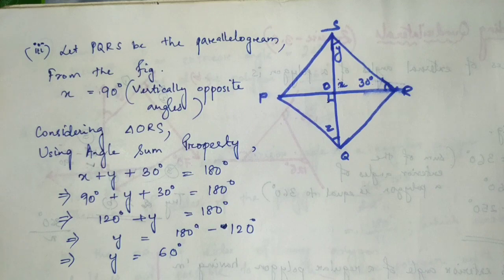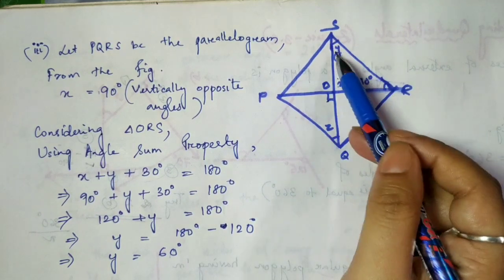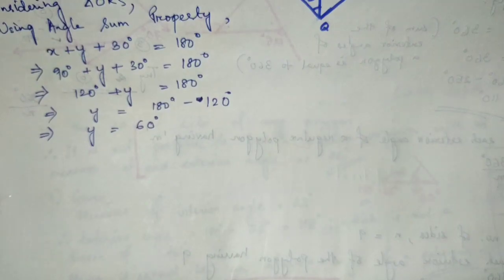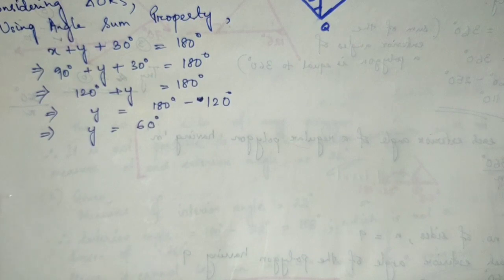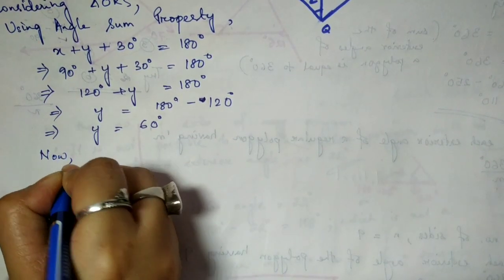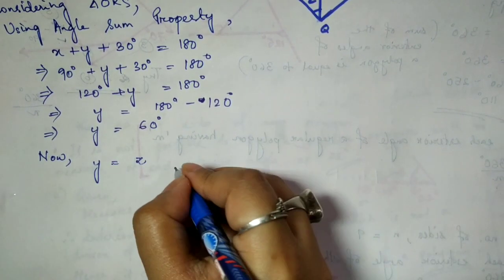So we have Y now. Now we have X and Y, we need Z, the last unknown one. If you see, these two are alternate interior angles, Y and Z, and alternate interior angles are always equal. So what we'll write down here for Z, let's see. Y is equal to Z. What is the condition?